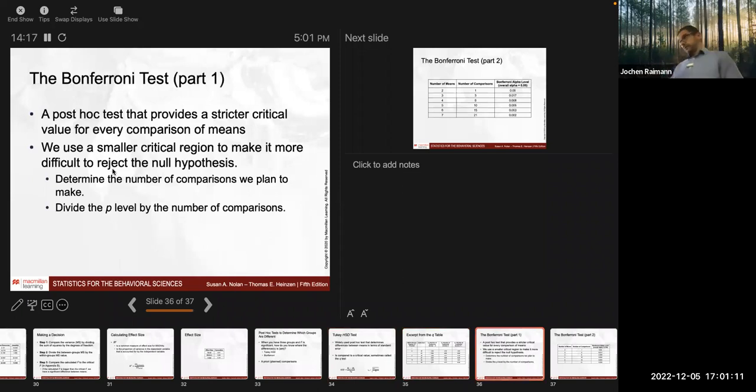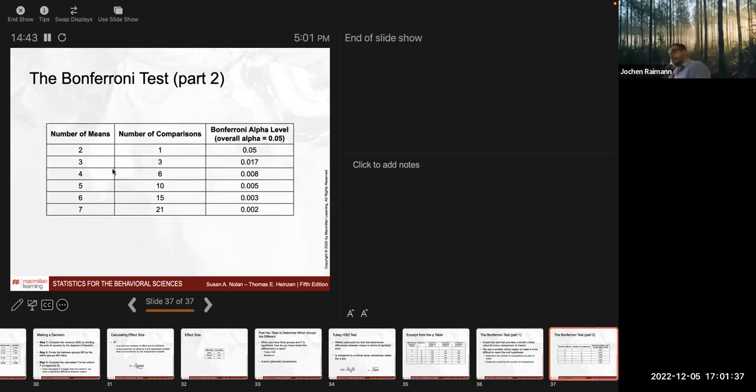That's number 1. We're not going to calculate this arithmetically. The second one, and in my opinion the more commonly used one, is the Bonferroni test. The Bonferroni test is a post-hoc test that gives you a stricter critical value, so it assumes a lower alpha. You get the same p level, but you use a different alpha level that is Bonferroni adjusted.